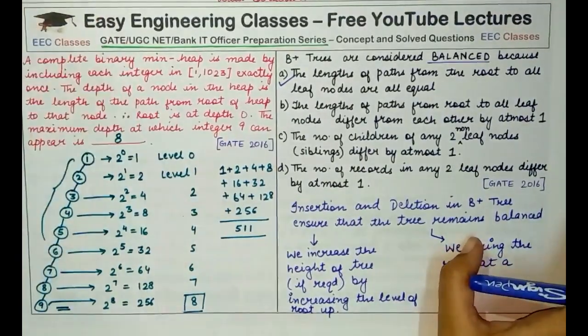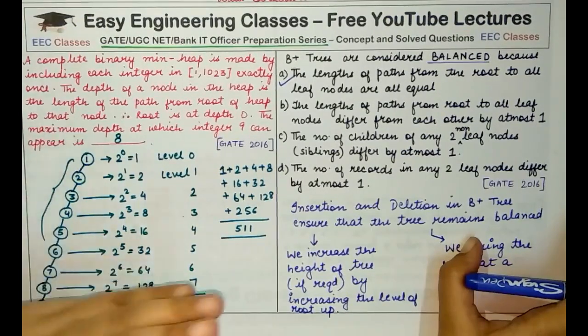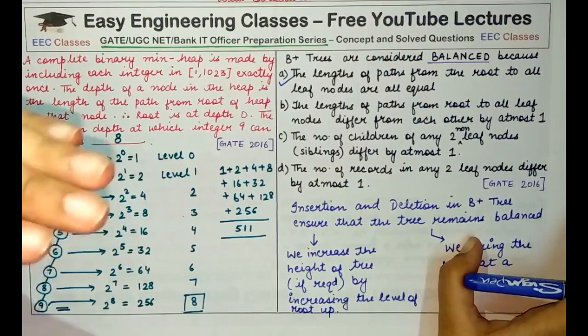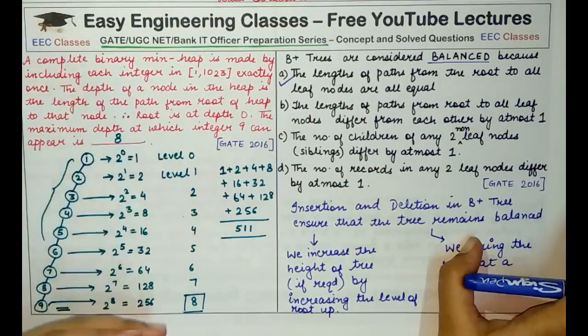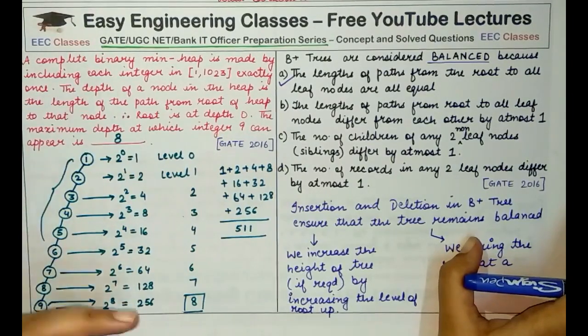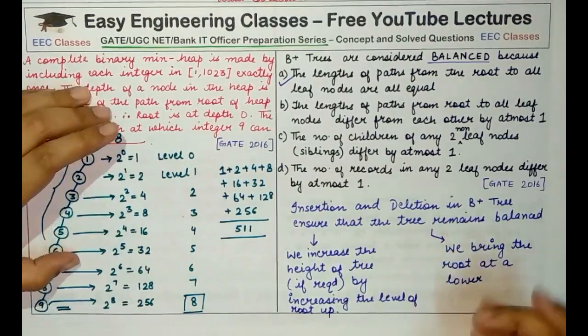Because if the root is increased by 1, then the path length will increase by 1 for all the leaves. If the root is decreased to a lower level or a lower height, then the path length will decrease for all the leaves. The path from the root to the leaf would always be affected equally.